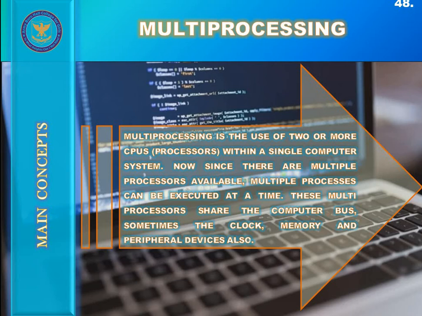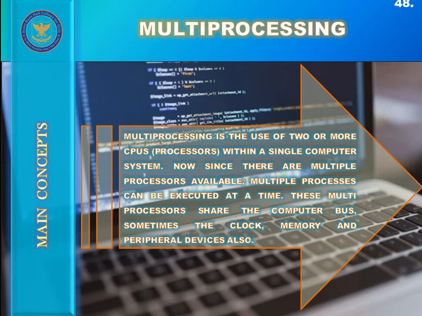An operating system has the ability to multi-program, where it can involve multiple programs executing over a single CPU. A multiprocessing system is one which has more than two processors. The term also refers to the ability of a system to support more than one processor within a single system.